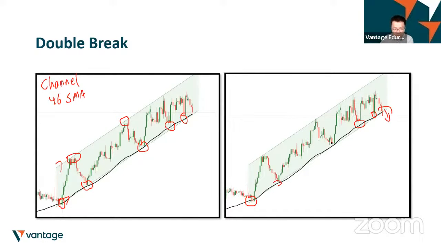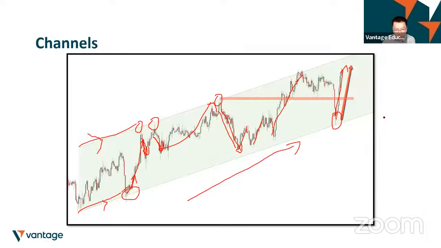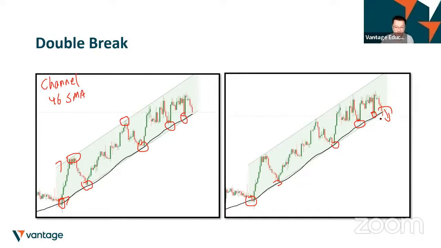What I want to see is price clearly break below, and the candle close below that channel and close below the 46 SMA before I will consider it a potential selling signal. Be patient, don't rush into the trade. Wait for the price to close below those two indicators before considering that selling opportunity.